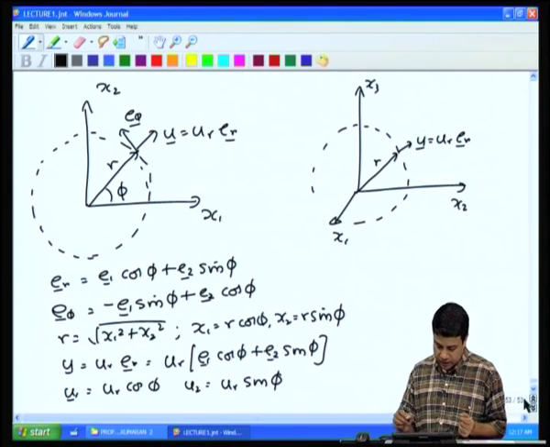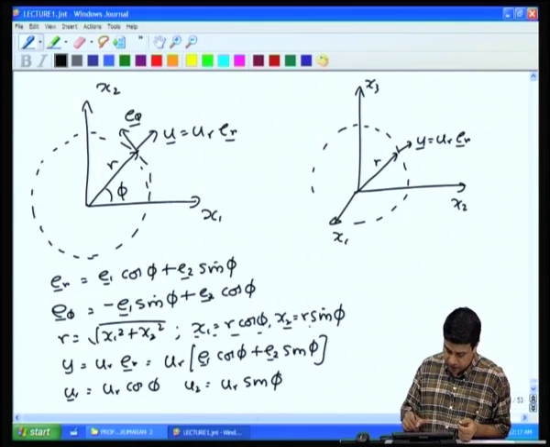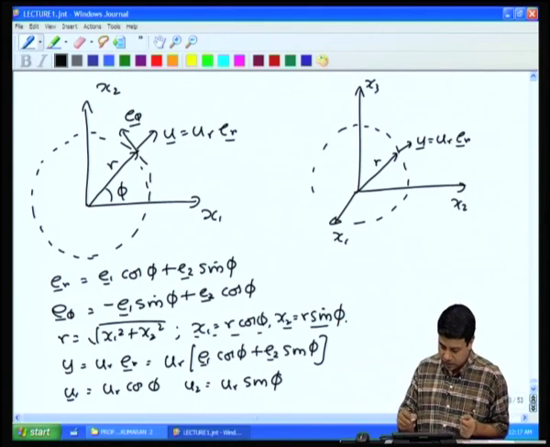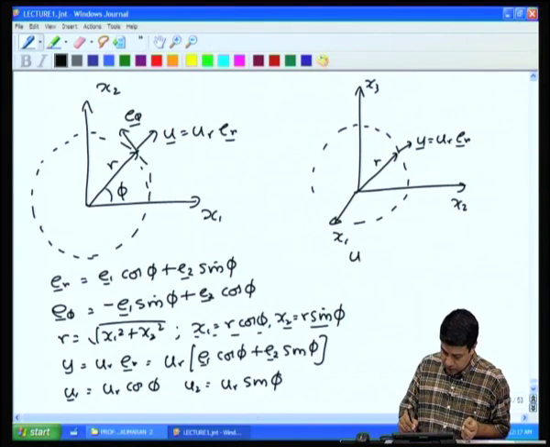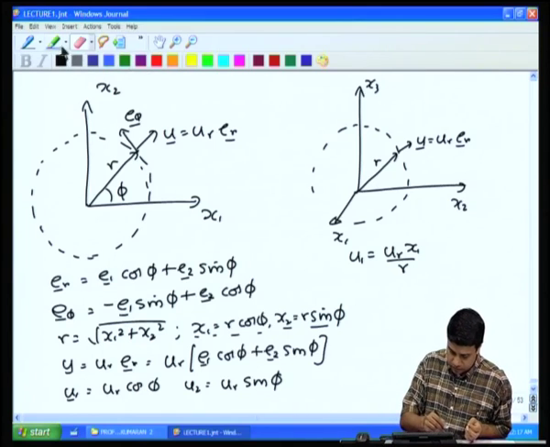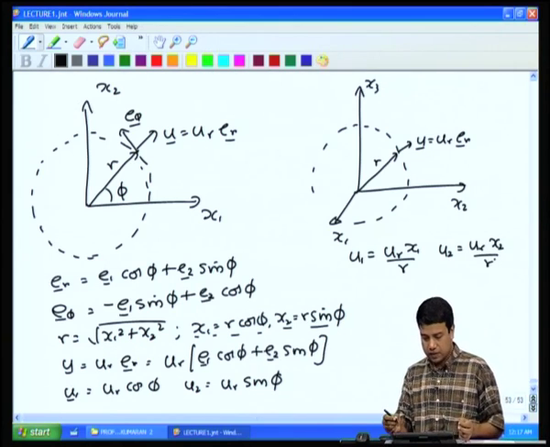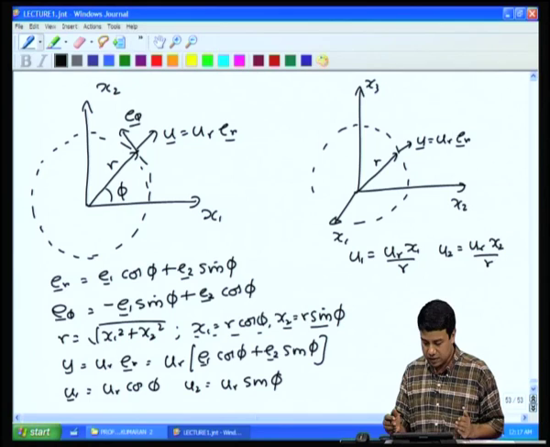So, writing cos phi and sin phi in terms of x1 and x2, you get that u_1 is equal to u_r times x1 by r and u_2 is equal to u_r times x2 by r. That is, the velocity is along the outward radius vector.